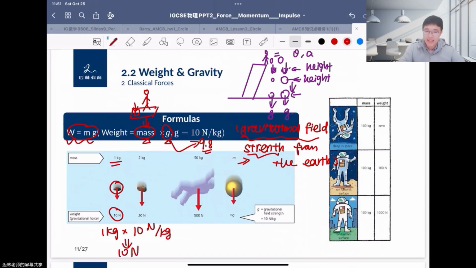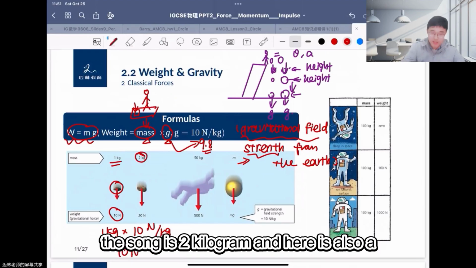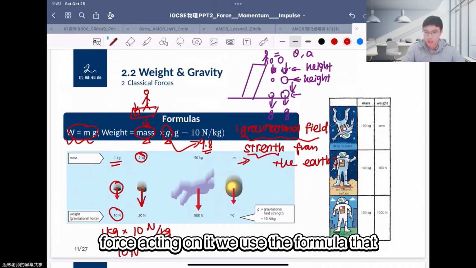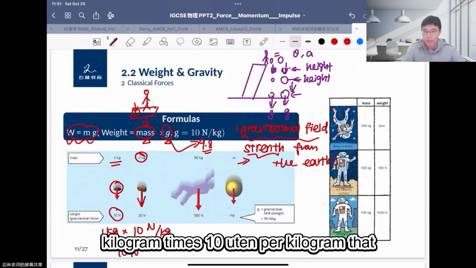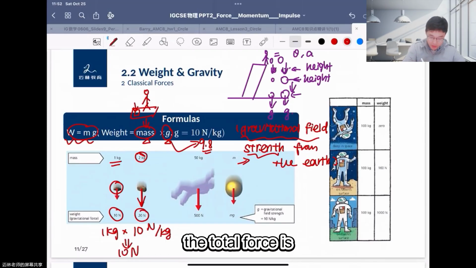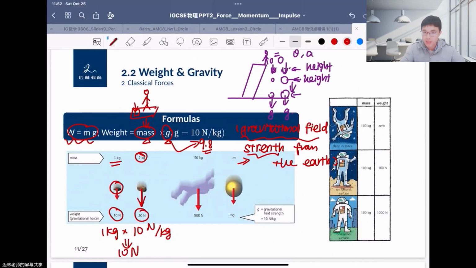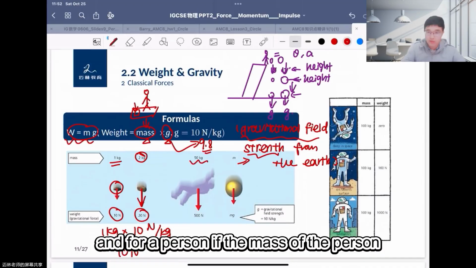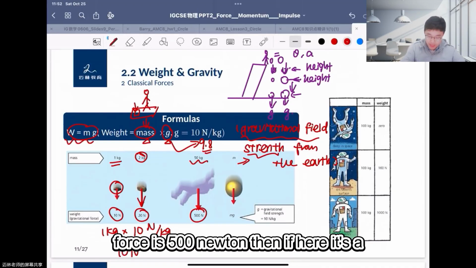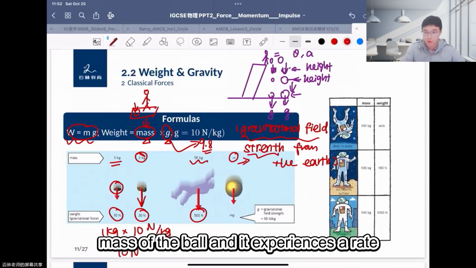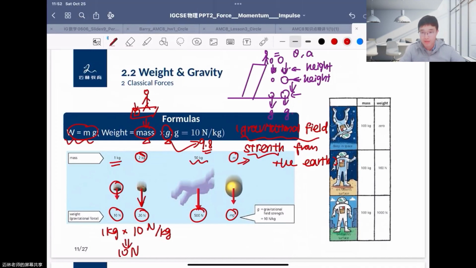In another example, the stone is 2 kilograms, so 2 kilograms times 10 Newton per kilogram gives a total force of 20 Newton. For a person whose mass is 50 kilograms, the total force is 500 Newton. And for a ball with mass m, the weight is mass times gravity, m times g.